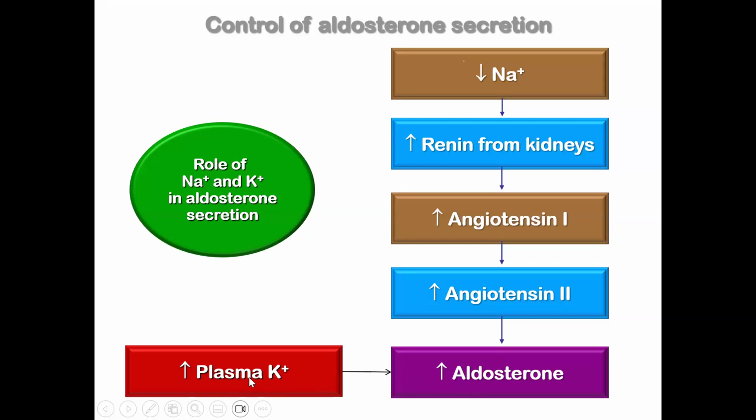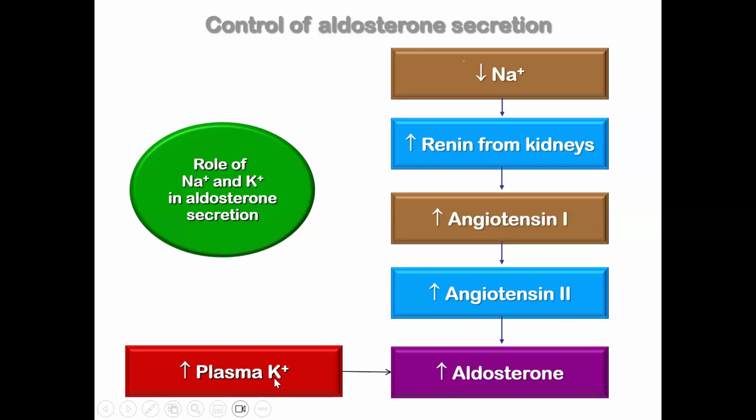So if the stimulus is increased plasma potassium, this will stimulate the release of more aldosterone, and this aldosterone will then cause excretion of potassium from the kidneys into the urine, and this will bring the blood potassium levels back to normal. So the strongest stimulus for the release of aldosterone is increased plasma potassium.